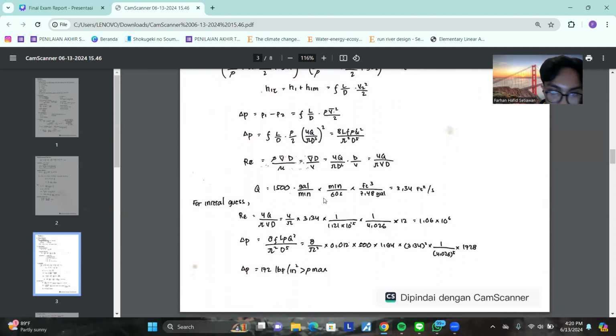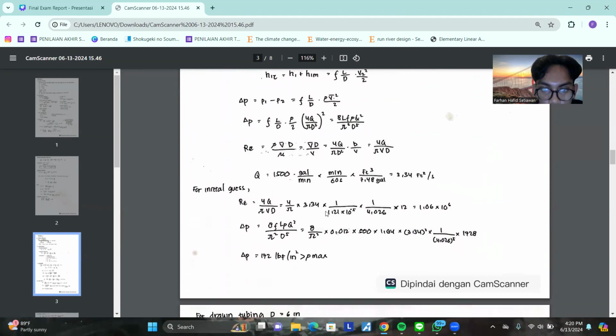We simplify 4 Q per pi times nu times D equals 4 per pi times 3.34 times 1 per 1.21 times 10 to the minus 5 times 1 per 4.26 times 12 equals 1.606 times 10^6 for the Reynolds number.